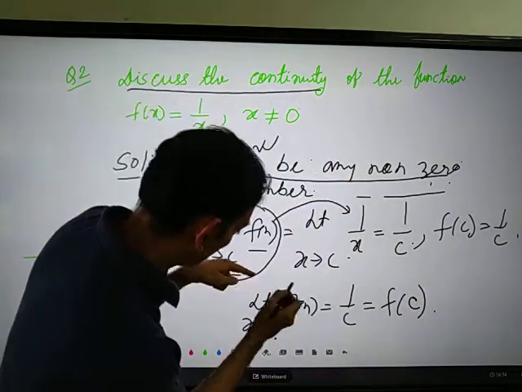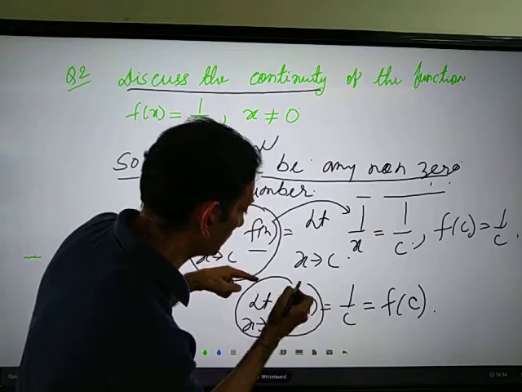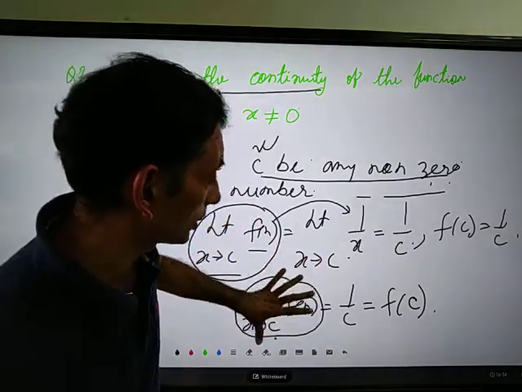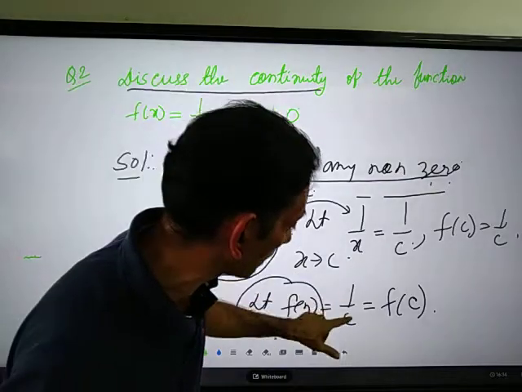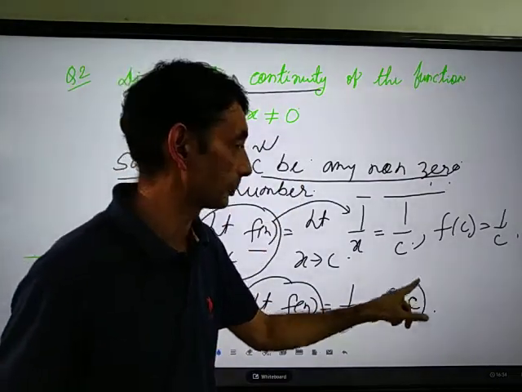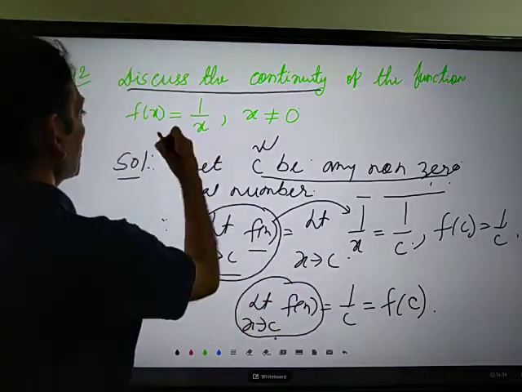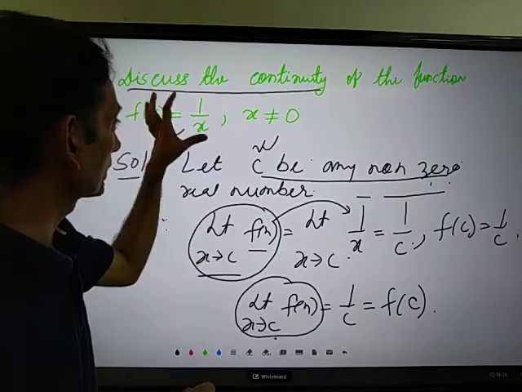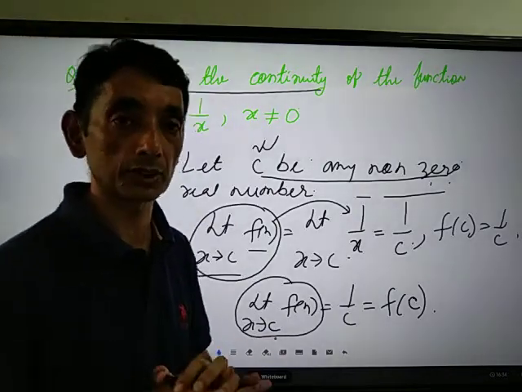This includes both the left hand limit and the right hand limit, both equal to 1 by c, which is equal to f(c). Therefore, for c any non-zero real number, this function is continuous.